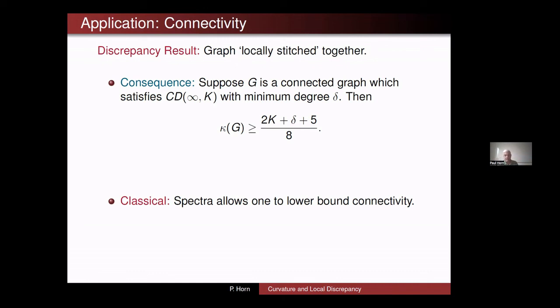So curvature cannot tell whether or not the graph is connected. However, it turns out that using this kind of local discrepancy, you can actually show that if you have a connected graph, you're very connected. And you're very connected in a way that depends on this curvature. And again, the higher your curvature is, the more connected you are.